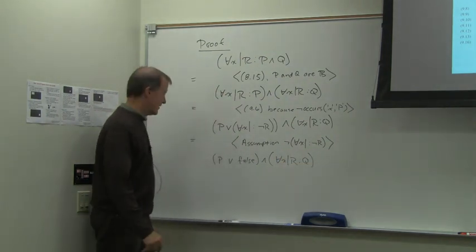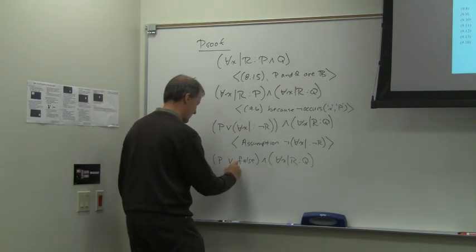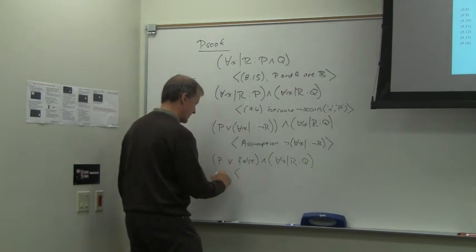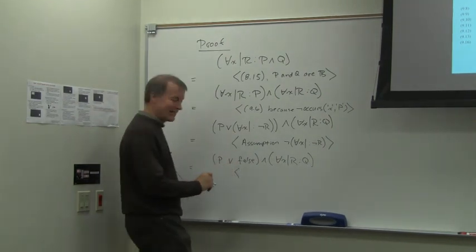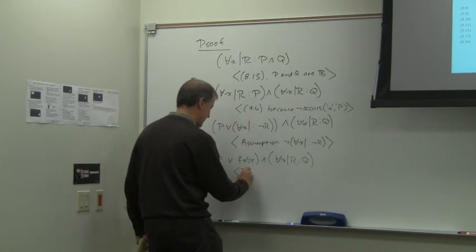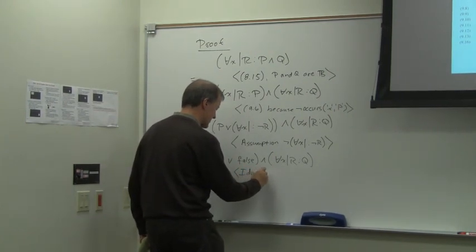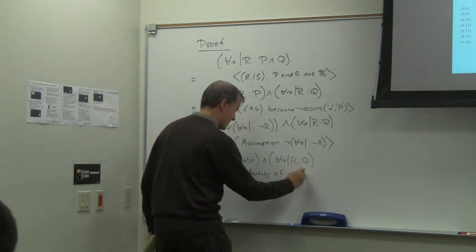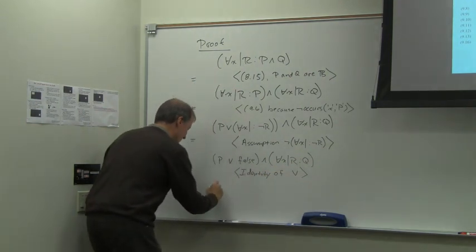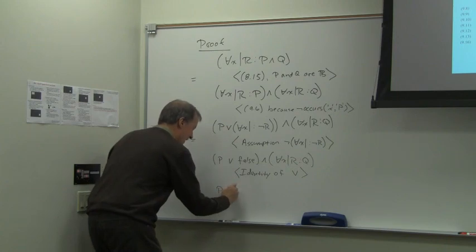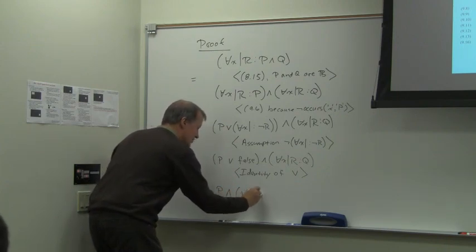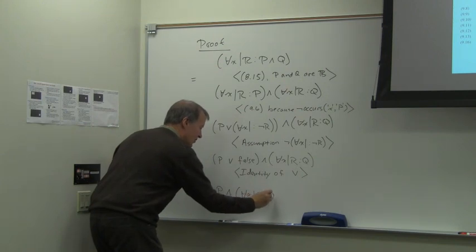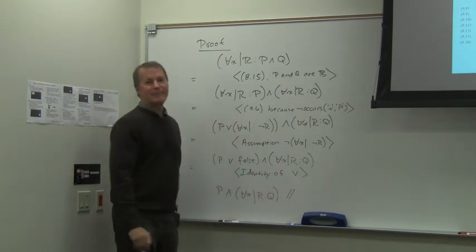Identity of or. Not 0, that was a mistake. Identity of disjunction gives us what we want. P and for all x range R, body Q, bam.